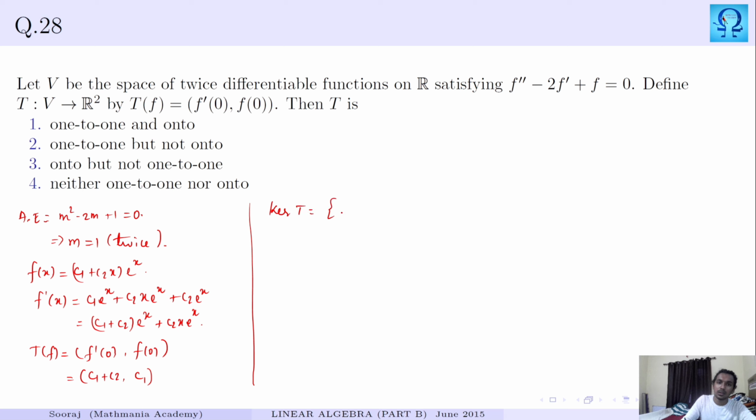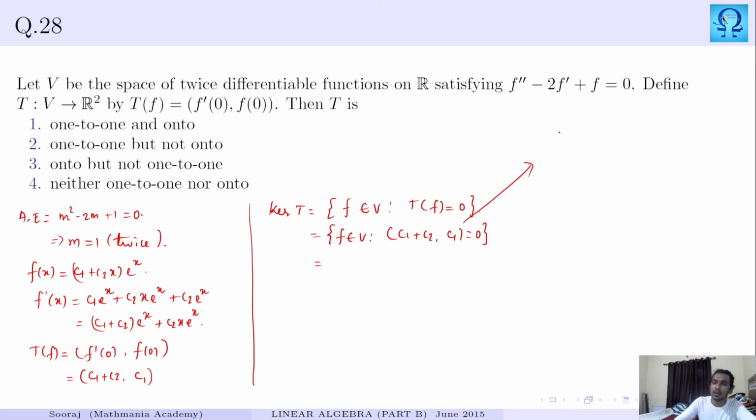Kernel of T is what? That is all those functions taken from V such that T of f is 0. That is functions in V such that (c1 + c2, c1) is 0. When you solve this, the 0 is not simply a 0, this is the zero vector in R^2, which means (0, 0).